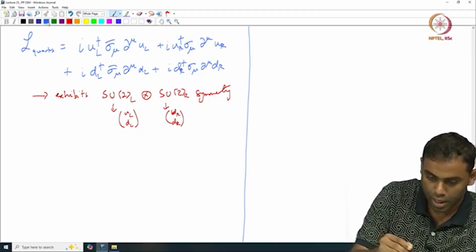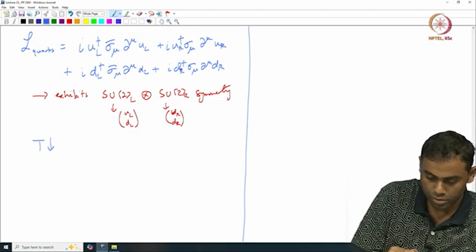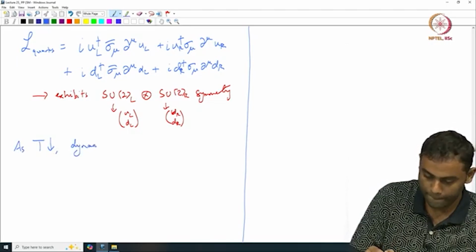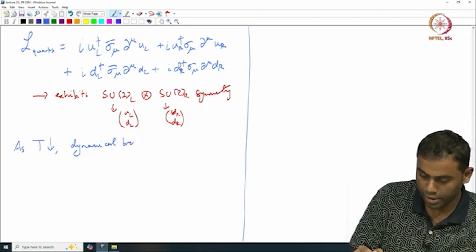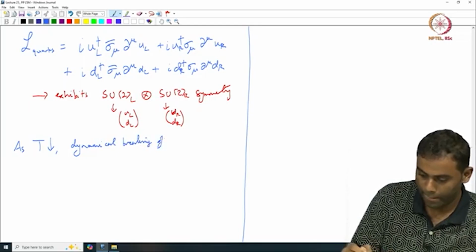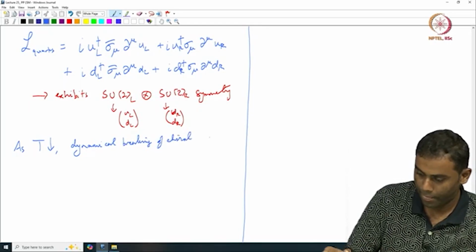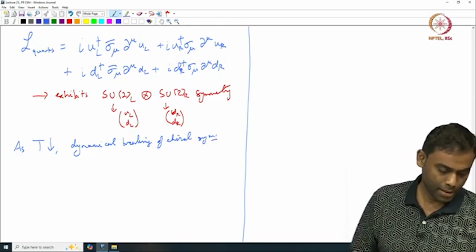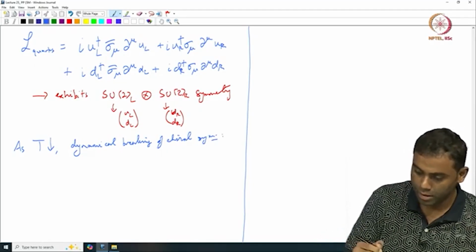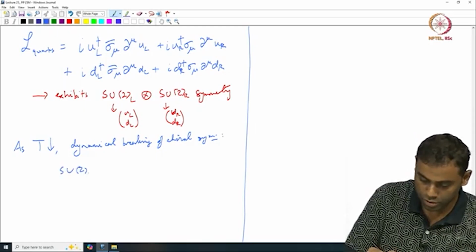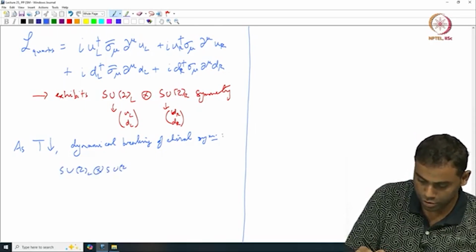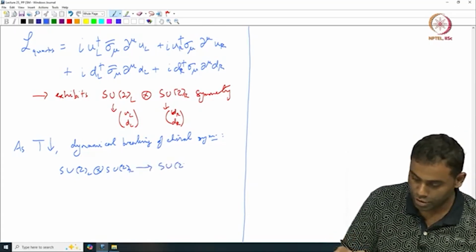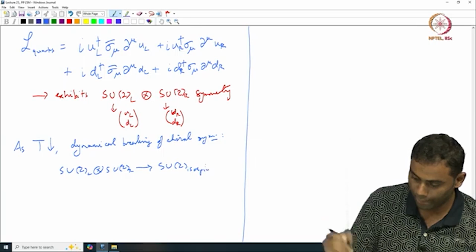So, as temperature goes down, you have dynamical breaking of chiral symmetry, which means this SU2L cross SU2R gives rise to SU2 isospin. Why?